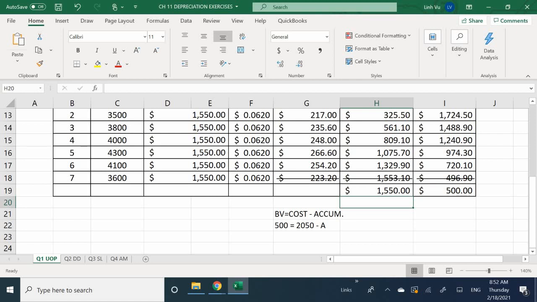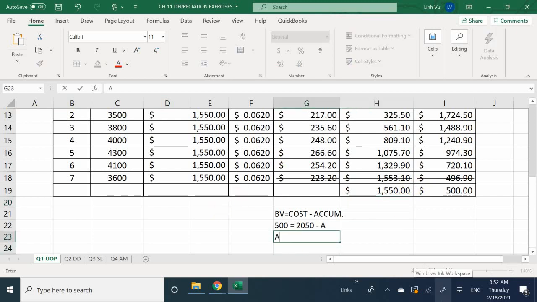What's my formula for accumulated depreciation? Previous year. Yes, so I'm going to write it down here. Accumulated depreciation is equal to previous year's accumulated depreciation plus current year's depreciation expense.